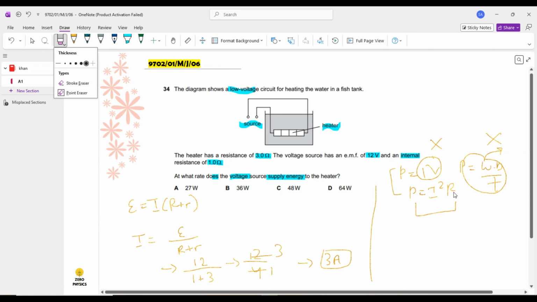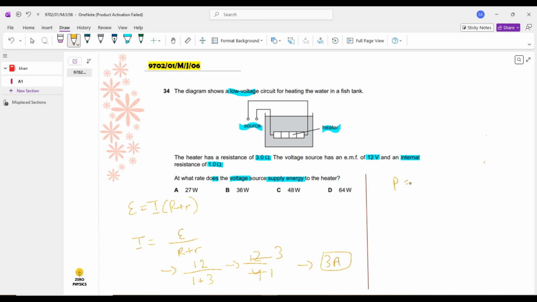So that's how I know. Power will be equal to I square R, current will be 3 squared into resistance. One thing that you absolutely need to know is that this R will be equal to external resistance.